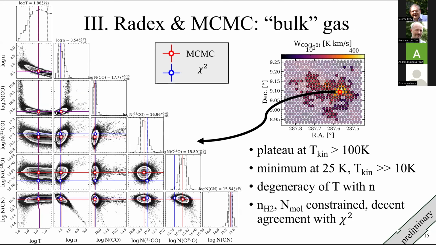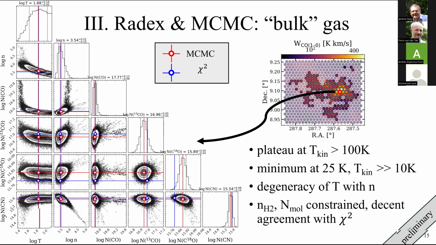So going to the bulk molecular gas group, thank you, Antonio, doing the same analysis basically here. What we find here, when we look at the temperatures, is that we have a plateau towards high temperatures. Starting at about 100 Kelvin, it stays constant, which means that our estimate here of a bit below 100 Kelvin is sadly also not too trustworthy.